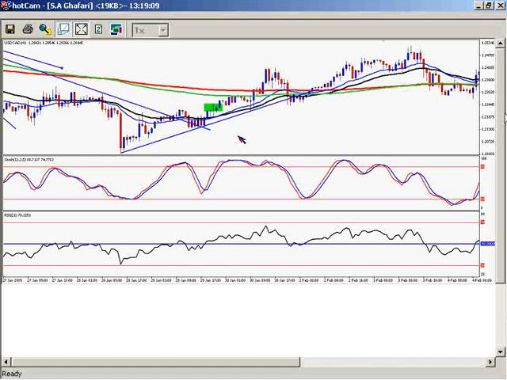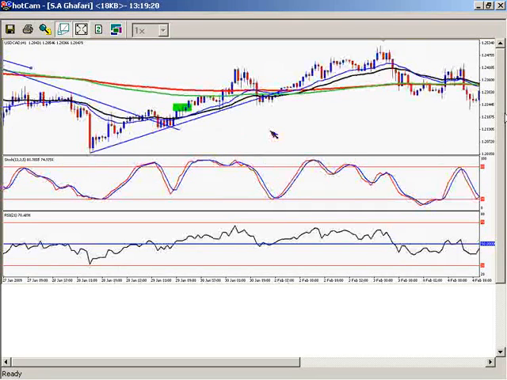Remember, we can't just risk our hard-earned money trading against the trend. So whenever we draw the trend line, we have to put our orders and trades alongside, and not opposite to, the current underlying trend line.